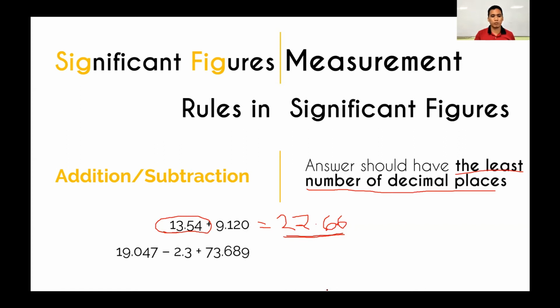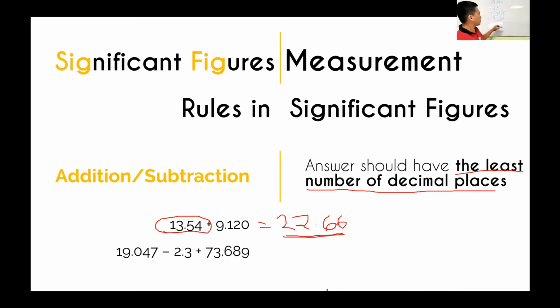So 19.047 plus 2.3 is 21.347, then plus 73.689.